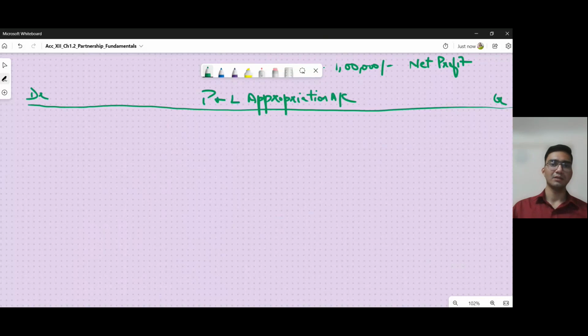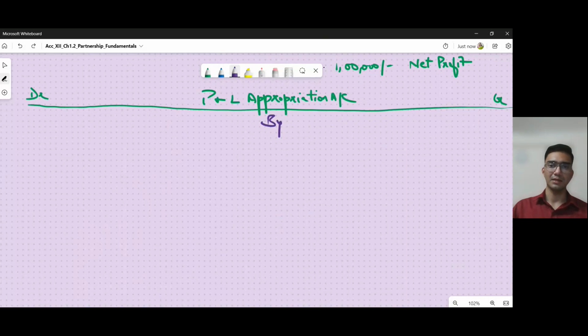So to bring it in our P&L appropriation account, we will write it on the credit side, because in our P&L account, we must have written it on the debit side. So here I'm going to write by net profit. In brackets, you can write this, or you can also write it as by P&L account, because we are bringing it down from the P&L account.